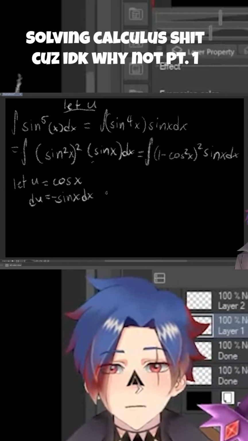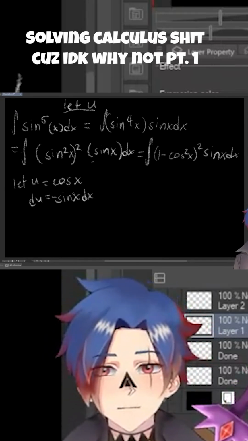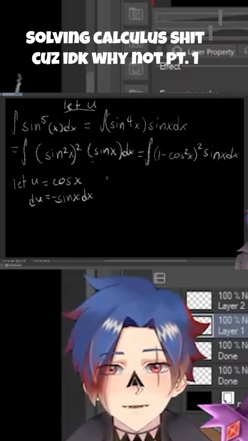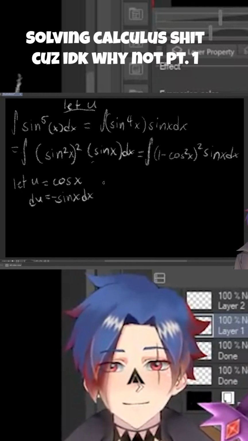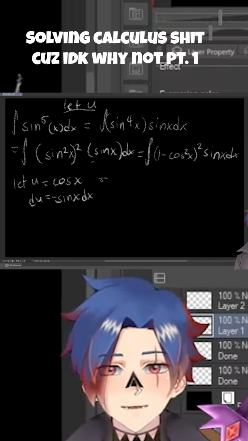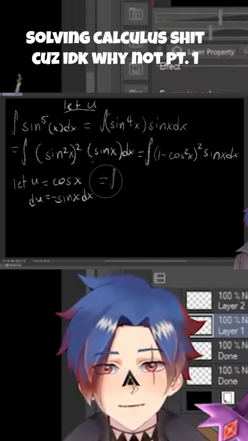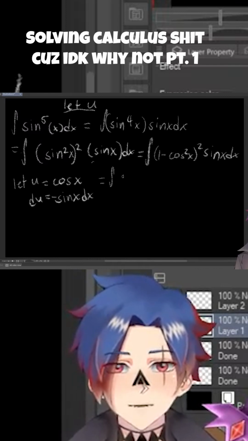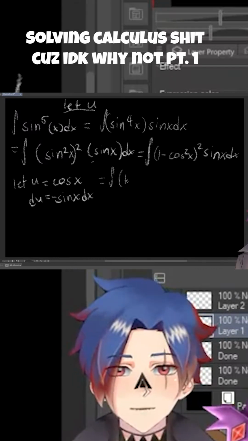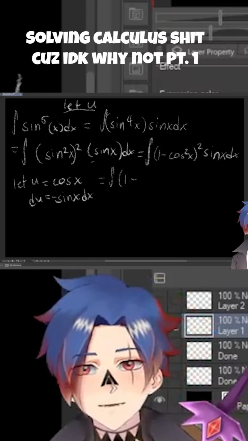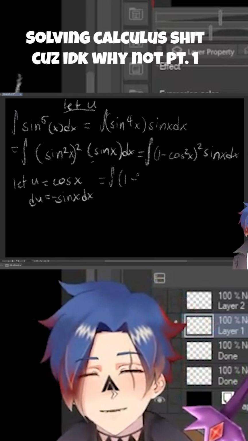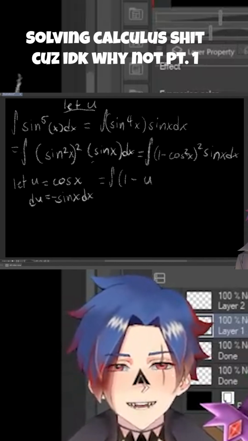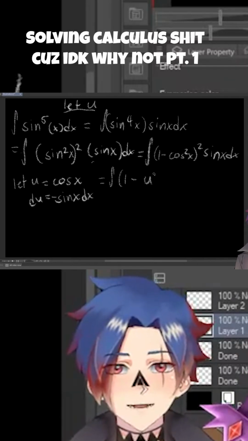So what do we do with this? Let me just rewrite this problem here. Okay, since we let u be cosine x, it's gonna be 1 minus u^2, squared, and this is gonna be our exponent.